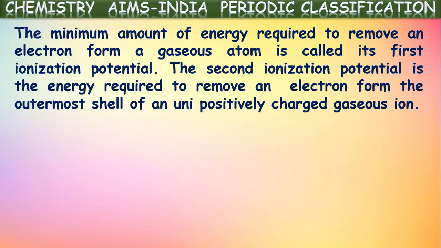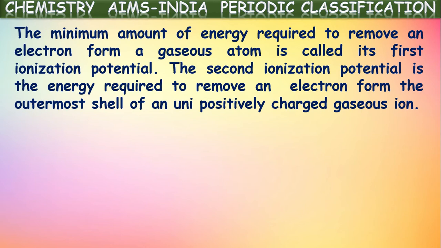That means from the neutral gaseous atom, if one electron is removed, it will be converted into a unipositive ion. The amount of energy required by that atom for removal of that first electron is called first ionization energy. After that, it becomes a unipositive ion.